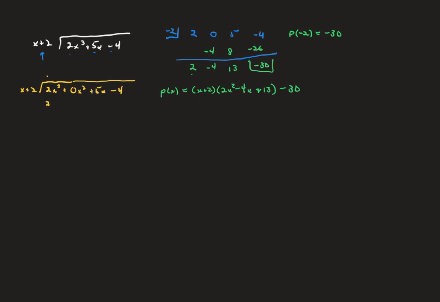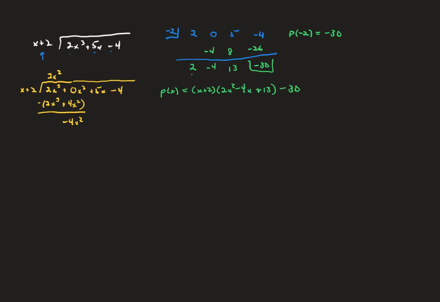Let's call that 2x squared. So 2x squared times x is going to be 2x to the third. 2x squared times the 2 is going to be 4x squared. I'm going to remember that I'm going to subtract these two things. And so the 0x squared minus 4x squared is a negative 4x squared.